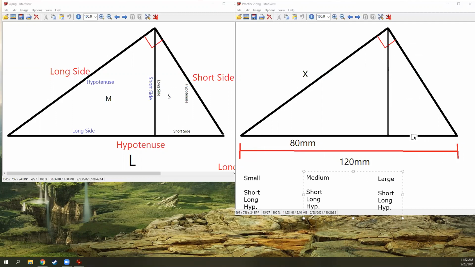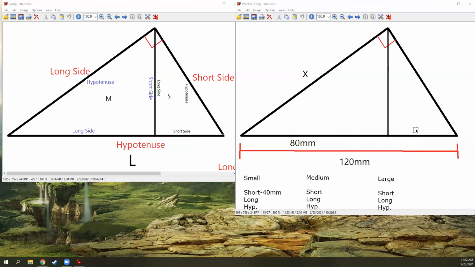So you could figure this out, couldn't you? So this is the short side. The small triangle short side is going to be the whole thing, 120, minus the piece we know, 80, which will be 40. So the small triangle short side is 40.